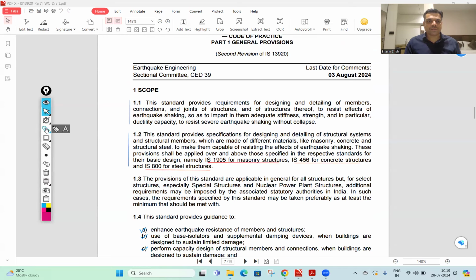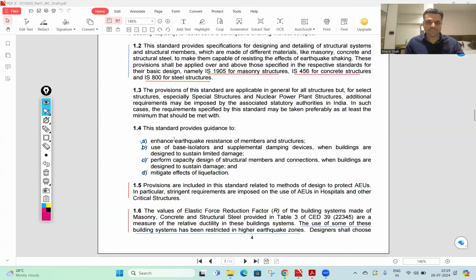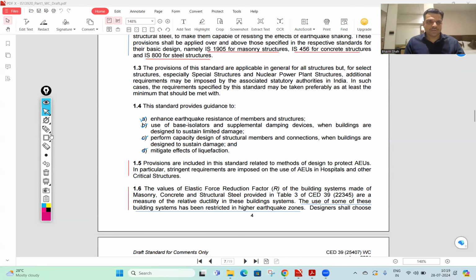So this standard, part 1, is applicable to all types of structures. We can say it's a general document. It provides guidance to enhance earthquake resistance of members and structures, use of base isolators and supplemental damping devices when buildings are designed to sustain limited damage.